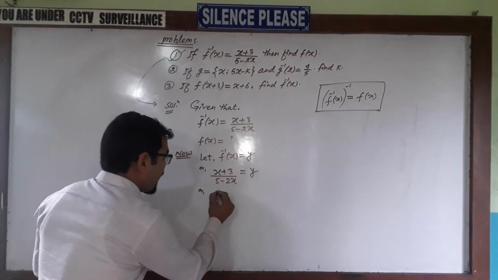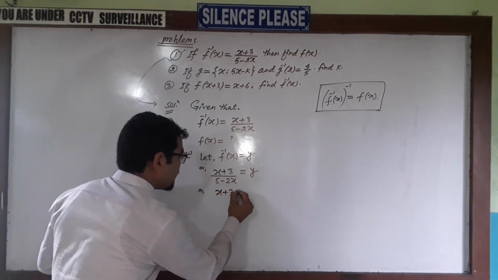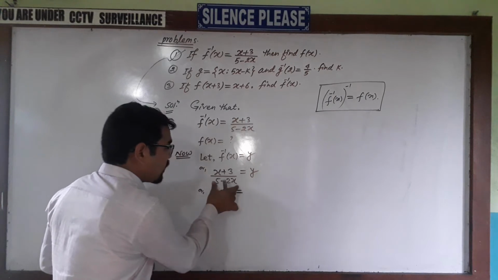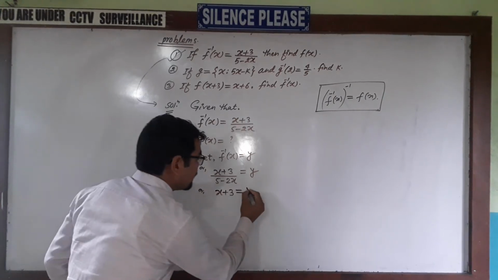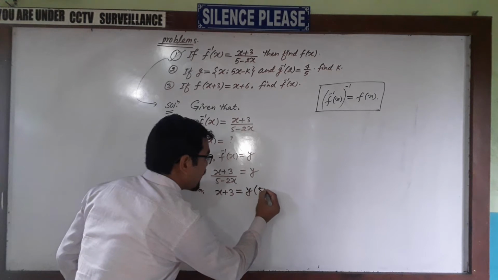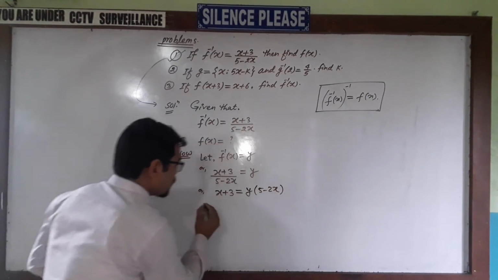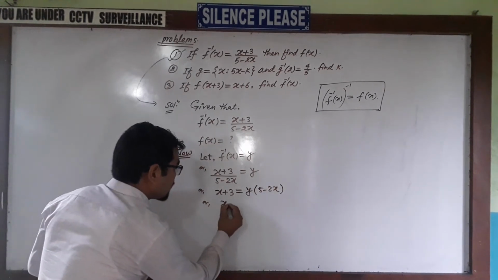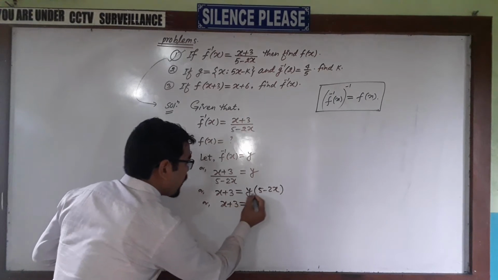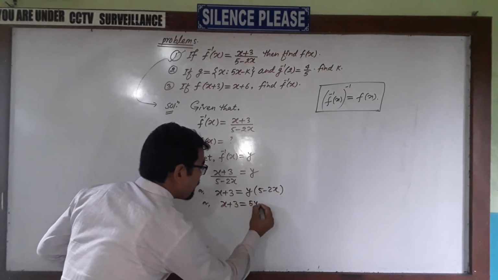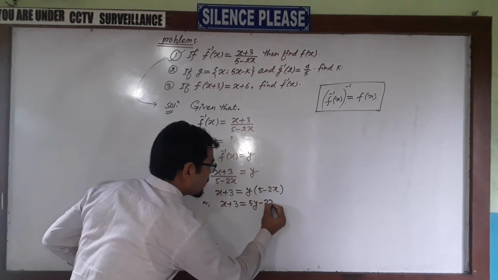So x plus 3 is as it is, you can put the y, this cross multiplies with 5 minus 2x, that means y into 5 minus 2x. So x plus 3 is equal to y into 5, 5y minus y into 2x, 2xy.